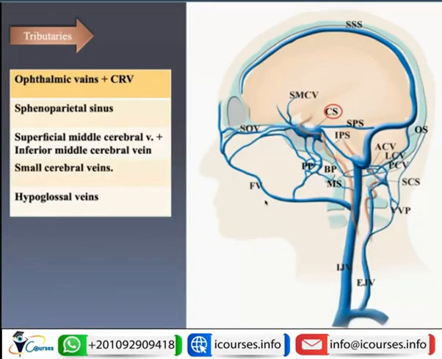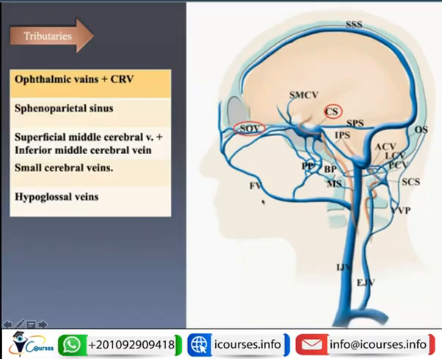So what are the tributaries that will drain blood into the cavernous sinus? As we said, it will receive veins from the ophthalmic vein and the central retinal vein. The superior ophthalmic vein will drain into the cavernous sinus.